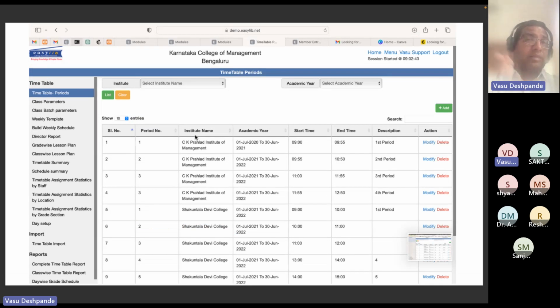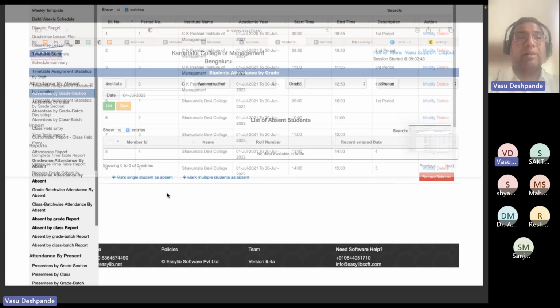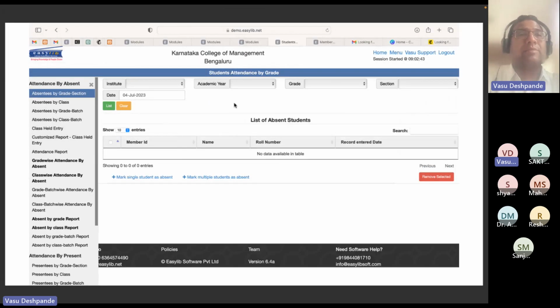And we are talking about the other applications. Easylib has built-in applications for subsequent modules. This is the timetable that I'm showing here, about 30 screens, a very detailed application with respect to the timetable. Then there is the attendance module, by grade, section, date, classes, and course. At a simplistic level, it can be as simple as taking attendance in a register.